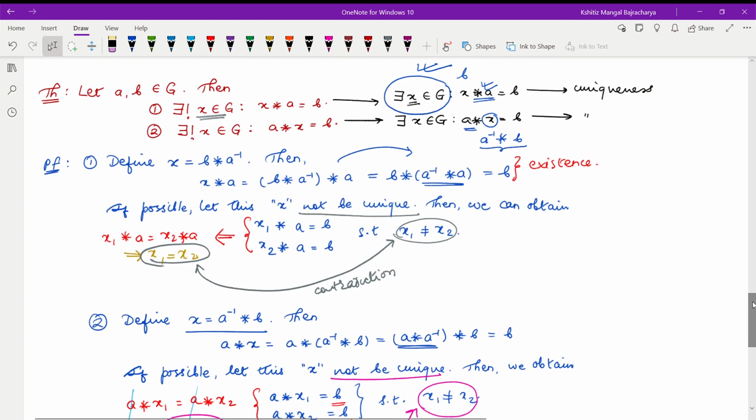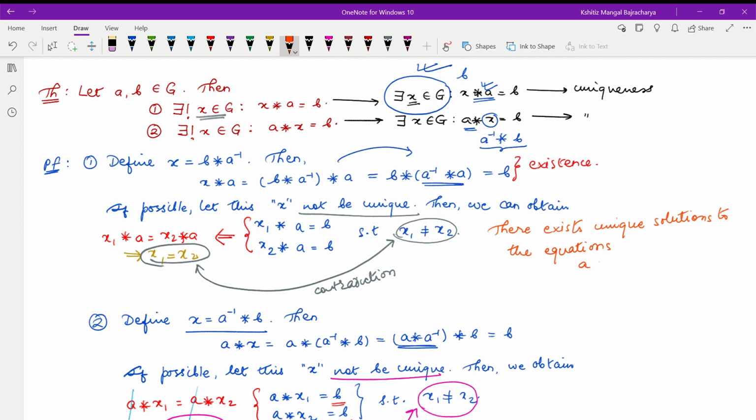Okay, now we can restate this theorem as: there exist unique solutions to the equations A star X equal to B and X star A equal to B, where A, B, X are elements of the group G, star.